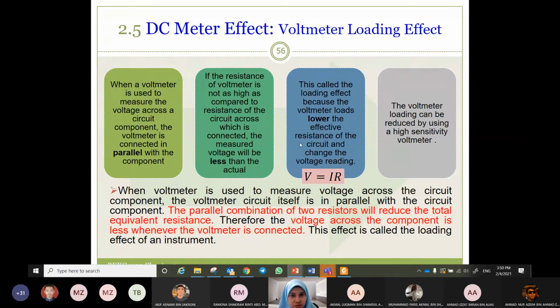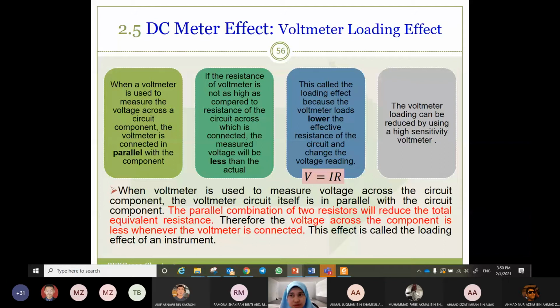This is called the loading effect, because the voltmeter loads and lowers the effective resistance of the circuit and changes the voltage reading.